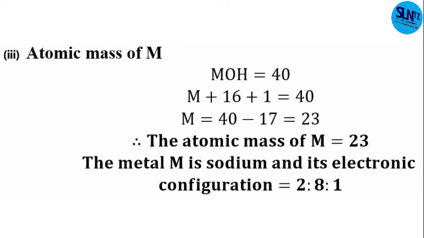So the atomic mass of M, the unknown metal, is 23. According to the answer, the metal M is sodium, and its electronic configuration is 2, 8, 1, with atomic number 11. That is the atomic mass of M, and the element is sodium.